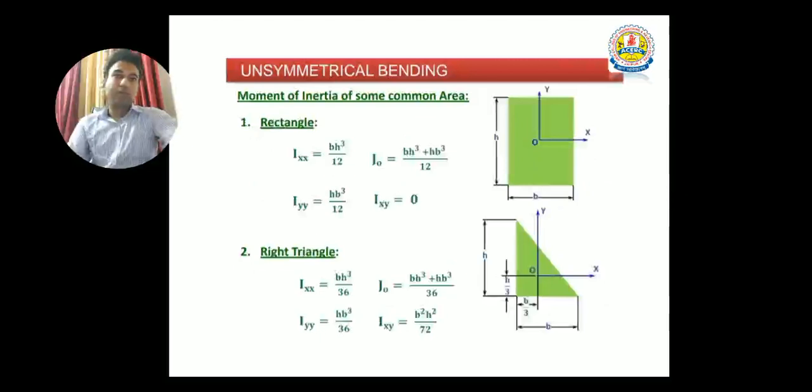We can see Ixy is 0 in a symmetric section. A rectangle is symmetric in both the x-axis and y-axis. But a right angle triangle is not symmetric in both axes, so Ixy has a certain value here.